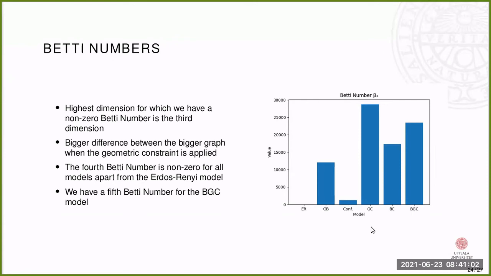At least with the fifth Betti number, I wanted to make sure that I actually found this number. I couldn't do it just once and think, I don't have a fifth Betti number, so I went over and over to double check all these different values. And I was getting values like these fairly consistently.